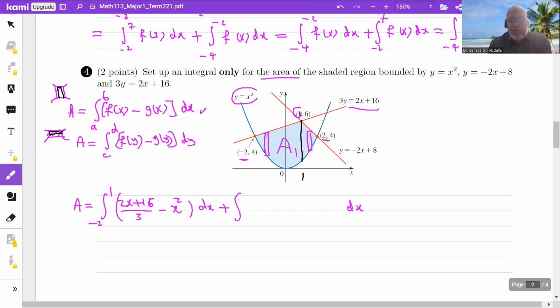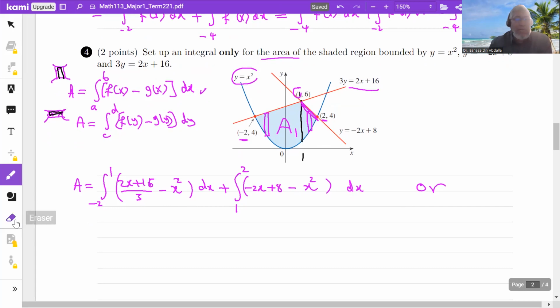From 1, here x is 2, so from 1 to 2. The function above in this case would be this line, which is y equals -2x plus 8, okay, minus the curve, which is y equals x squared. So this would be an answer.